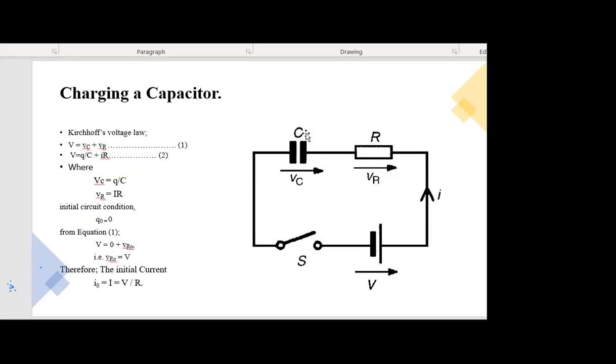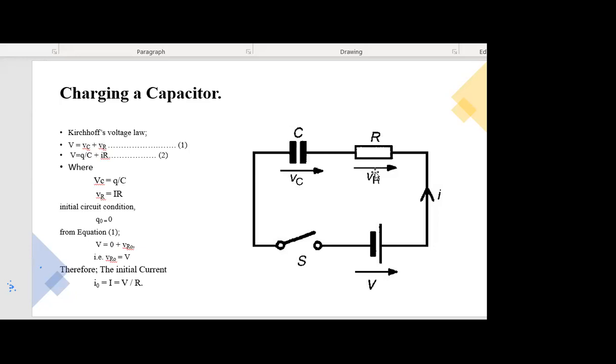So we need to get how the capacitor behaves over time, then the resistor behaves over time, and the current. We've looked at the voltage across the capacitor, how it changes with time. It starts from 0, then it goes on increasing with time up to steady state.